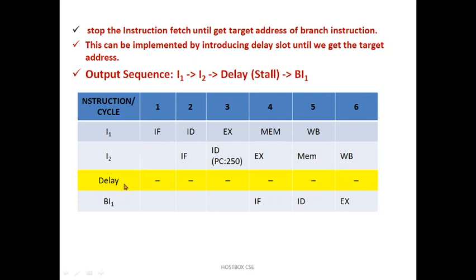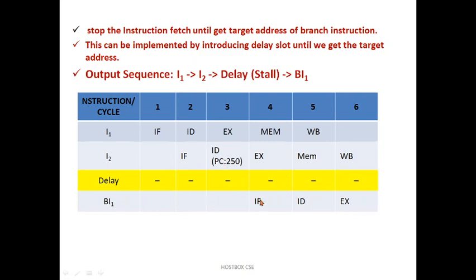Instead of I3, we are going to introduce a delay. Delay means just a delay stage; it won't do anything and goes directly to the branch instruction. First it executes I1. While I1 is in the ID stage, it takes care of I2, and after that it introduces a delay slot.